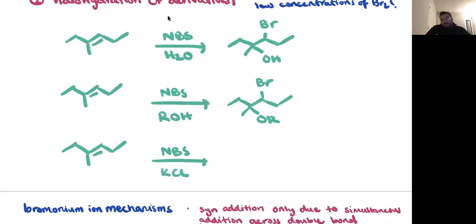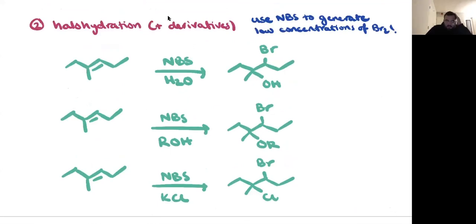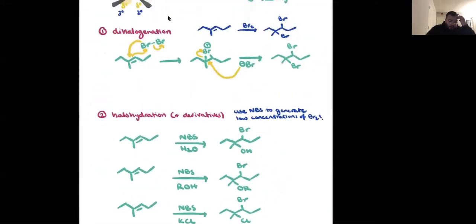Then I can use an ionic species like potassium chloride or sodium chloride in order to break my bromonium ion, as you see here. Cool. And the nice thing is that these undergo the exact same mechanisms except with slight modifications. Like remember, for water, you would have to deprotonate similar to how we did earlier. Cool, but I don't need to redraw the mechanism for that. So this is your bromonium ion mechanism.